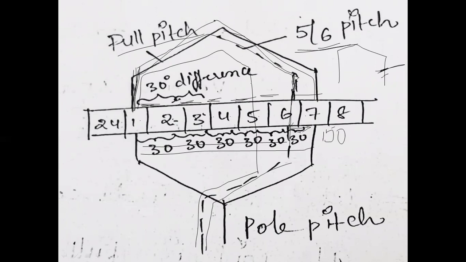So there is already the concept of full pitch, right? What is the need of short pitch? Why do we connect short pitch? There are some advantages. Other than full pitch, we go for short pitch. What are the advantages? They save copper of end connections.